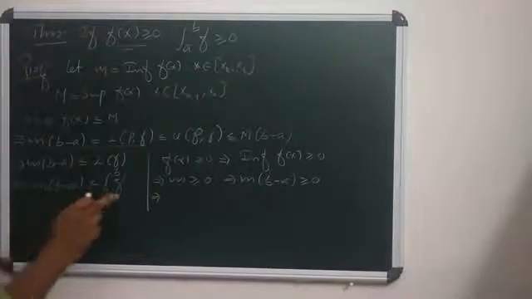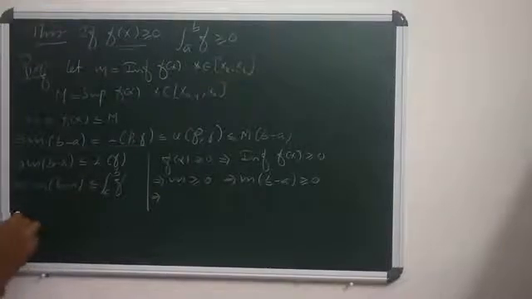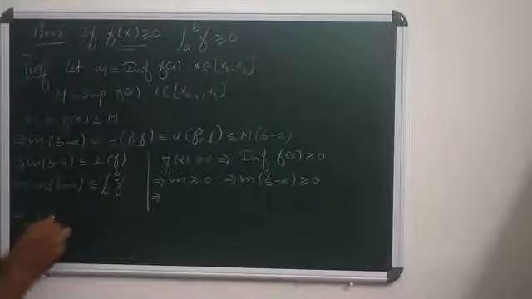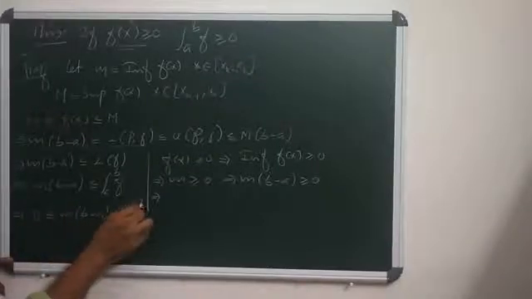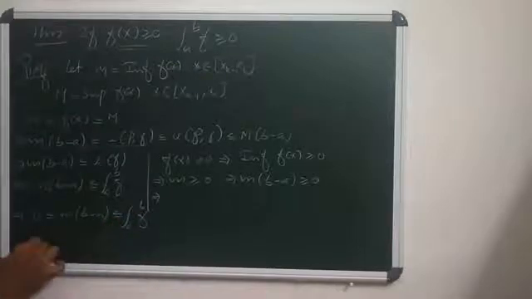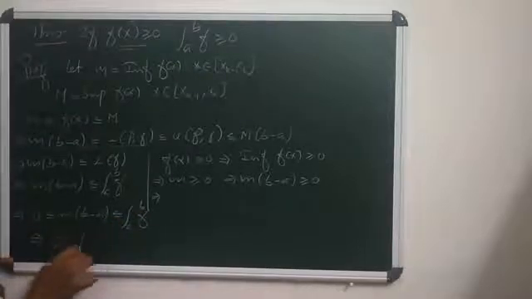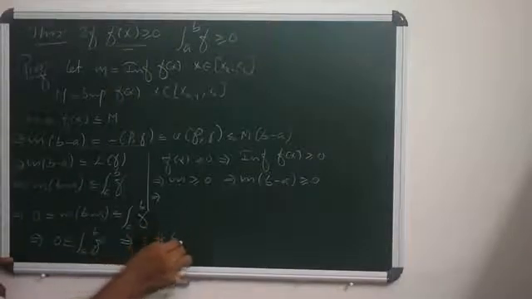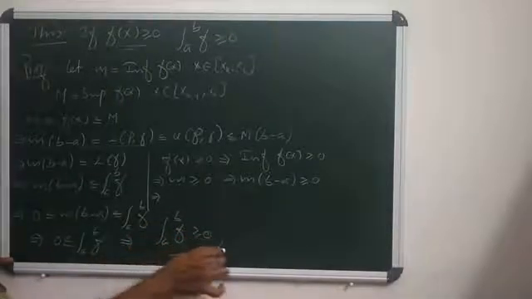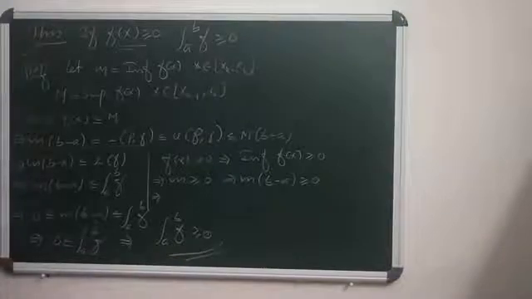But m times (b minus a) is less than or equal to integral a to b f. So you can combine: 0 is less than or equal to m times (b minus a), which is less than or equal to integral a to b f. That means integral a to b f is greater than or equal to 0. This is what we require here.